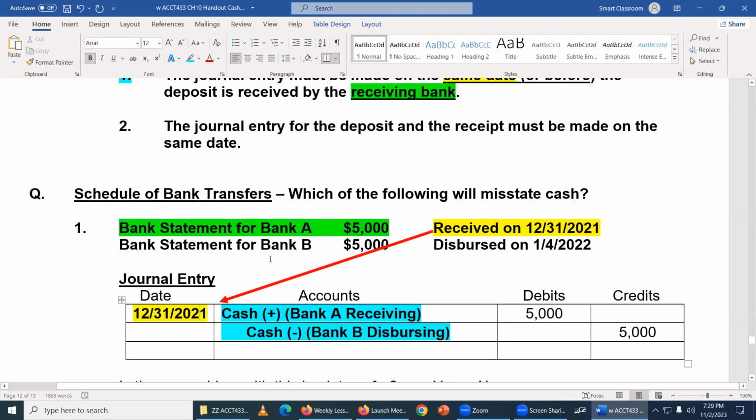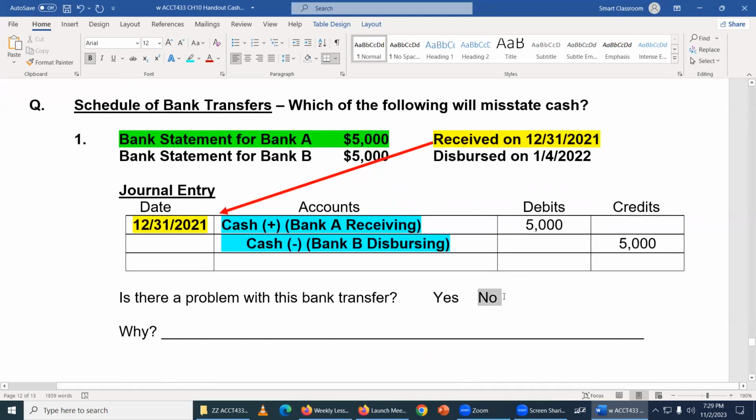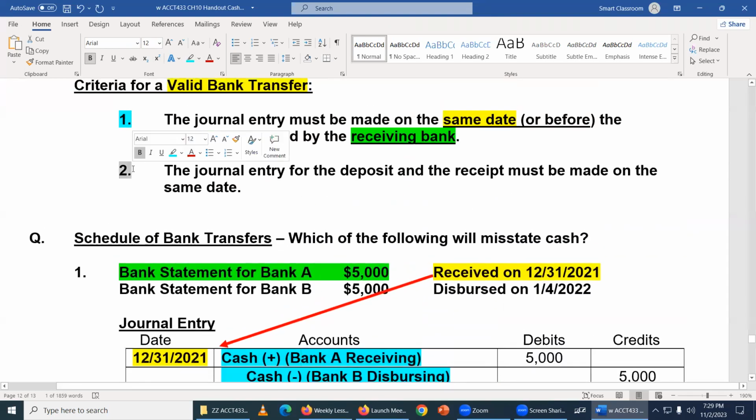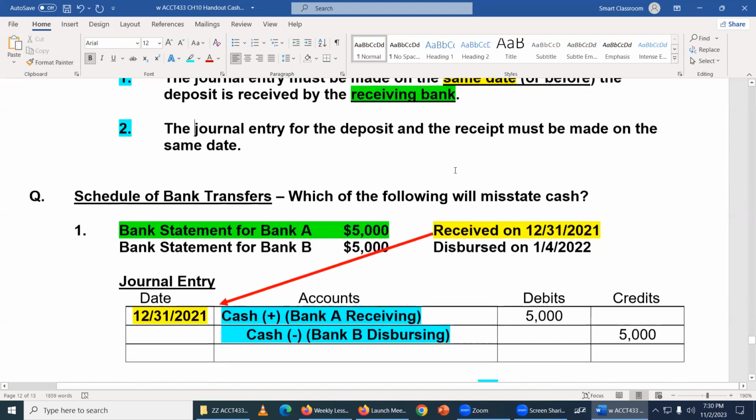Is there a problem with the transfer? No, there's no problem because it follows the two rules. It has to be made on the same date as the deposit or before, and they both have to be made on the same date.